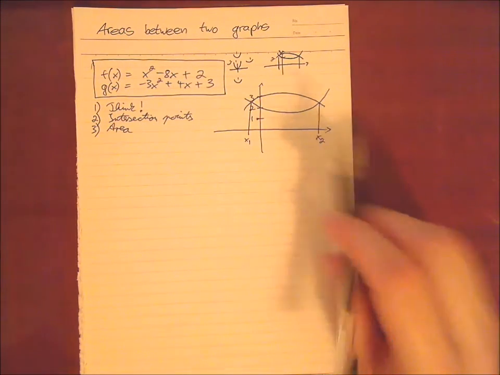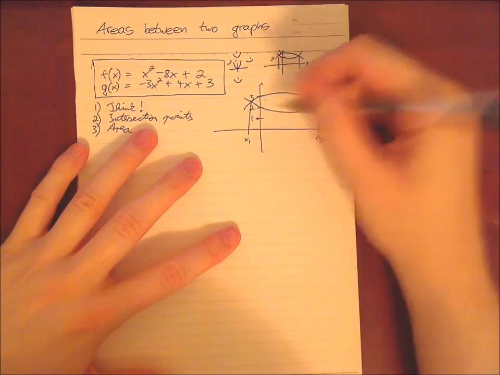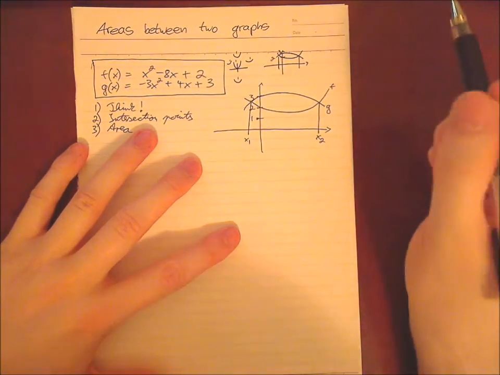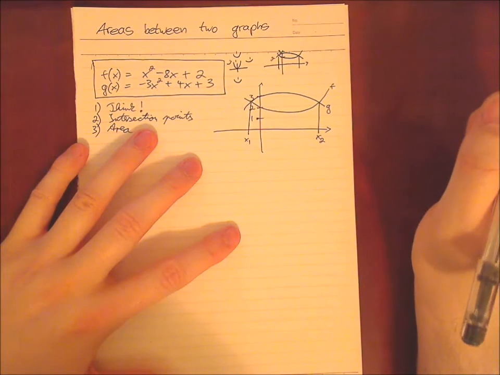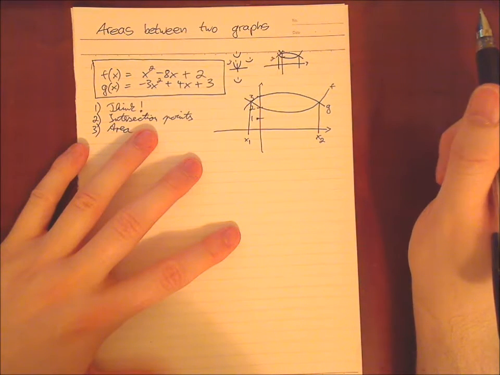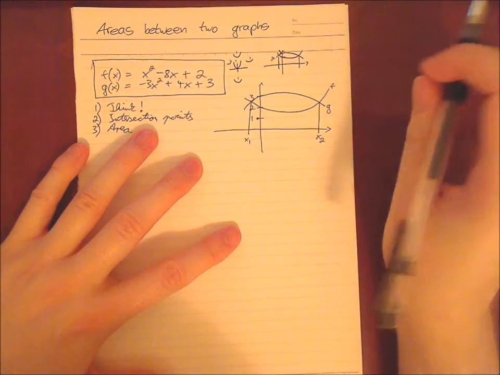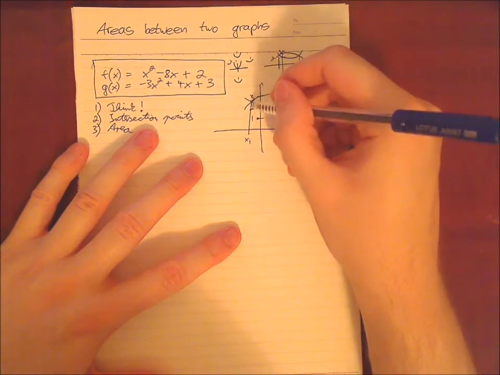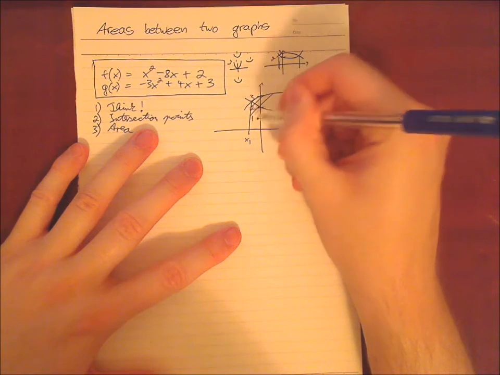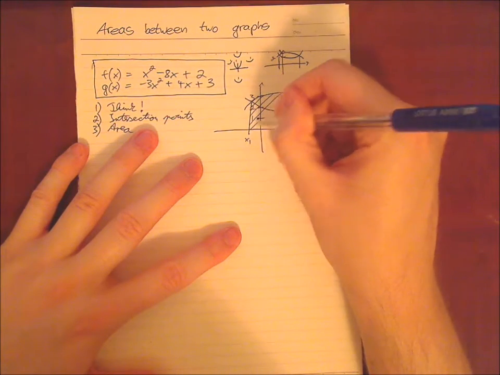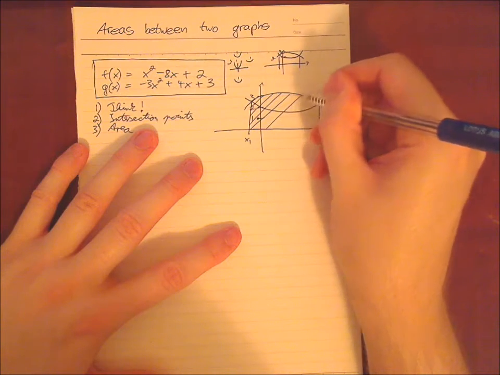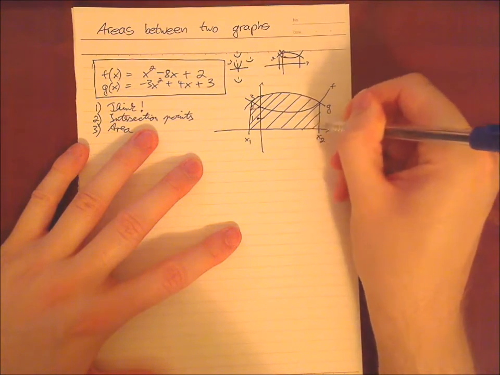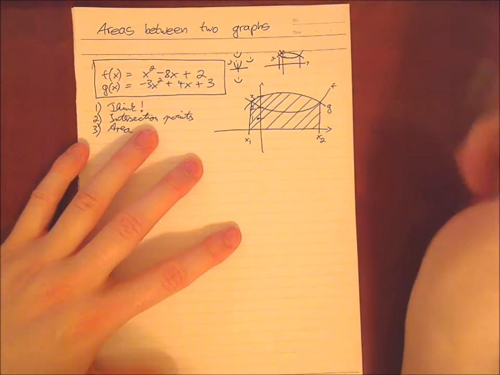The way it works is, let's say this is f, this is g. First we calculate the area of g, maybe with a different pen. Calculating the area of g between those two limits, the lower limit and the upper limit, we will end up with something like this, right?